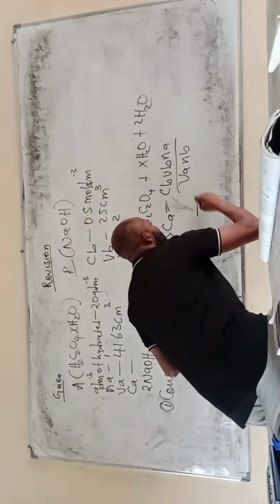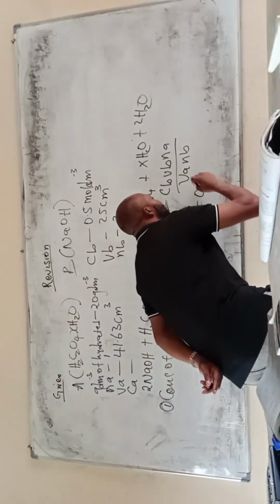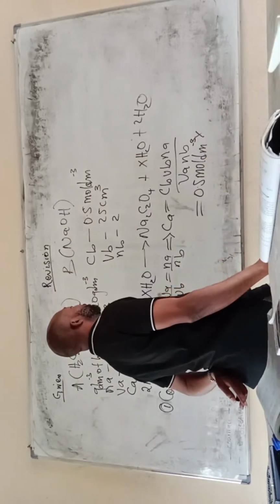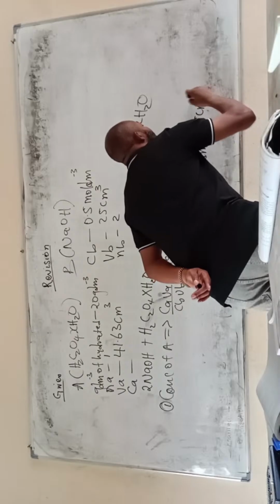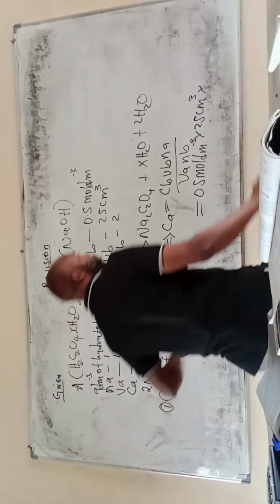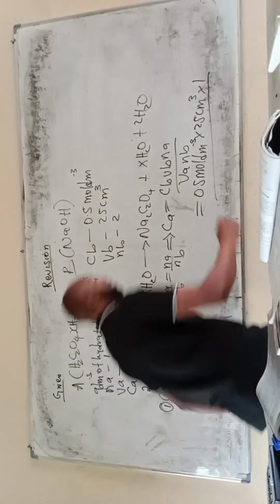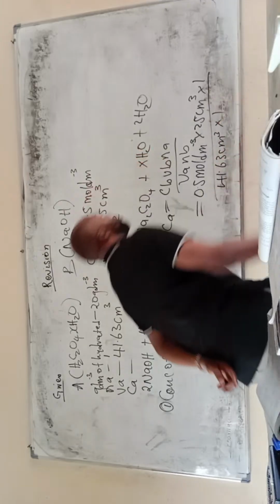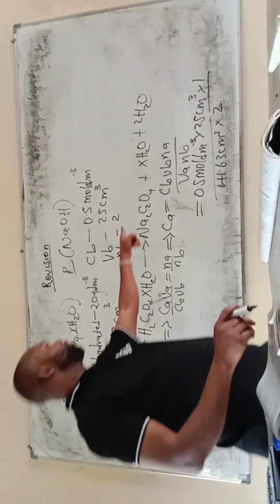This is equal to, the concentration of the base is given to be 0.5, so I have 0.5 mole per dm cube. Volume of the base is given to be 25, so I have 25 cm3. Number of moles of the acid, NA, is 1, all over the volume of the acid, 41.63 cm3, times 2, the number of moles of the base, NB, which is 2.